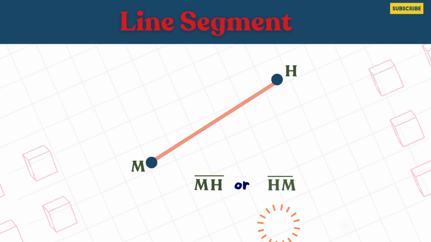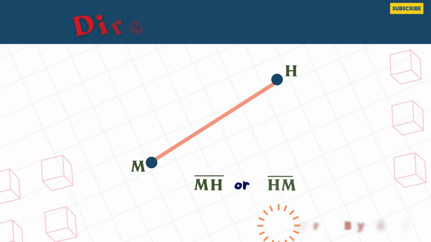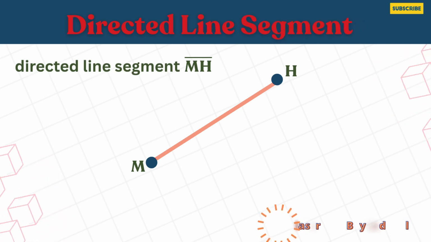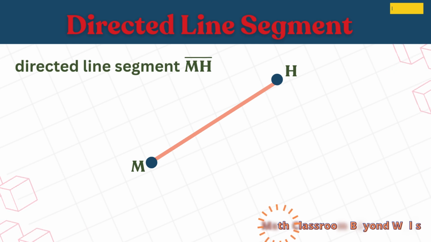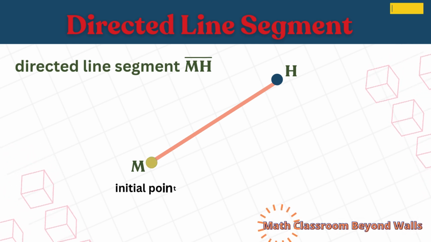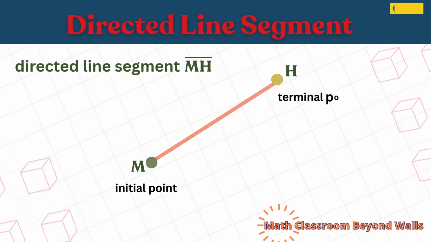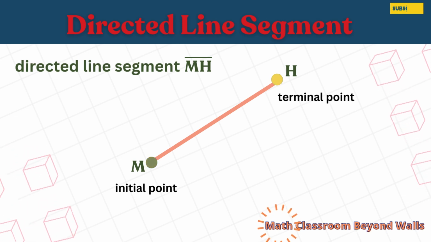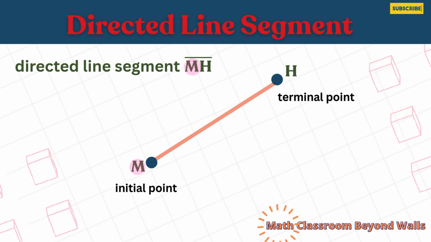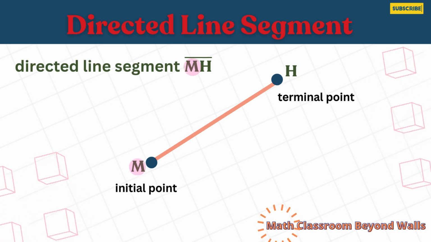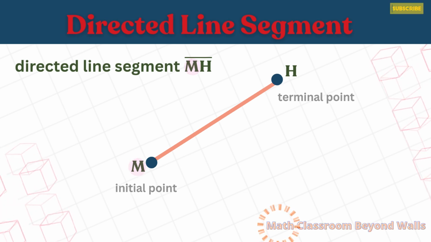On the other hand, directed line segment MH has length and direction. Because it has direction, it has a starting point, the initial point, and a terminal point. The convention is that the first letter of the segment's name represents the initial point if there is no mention of where the line segment is directed.